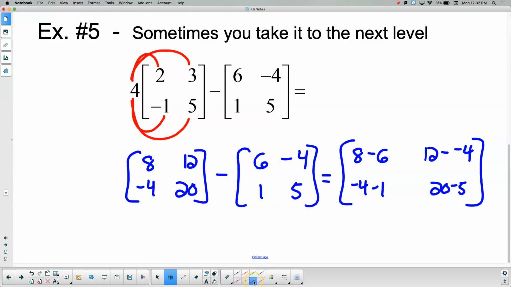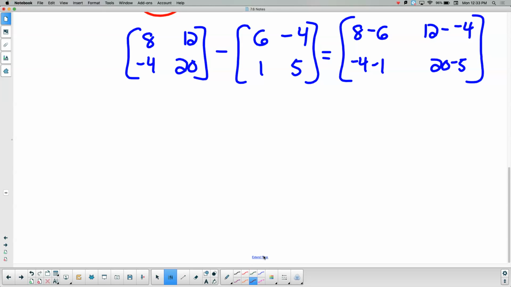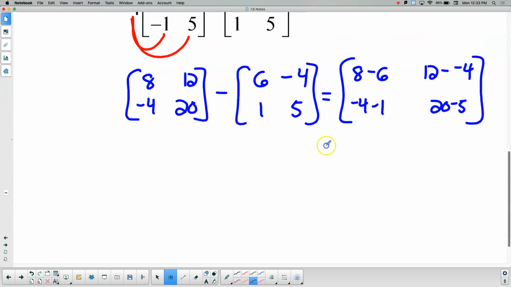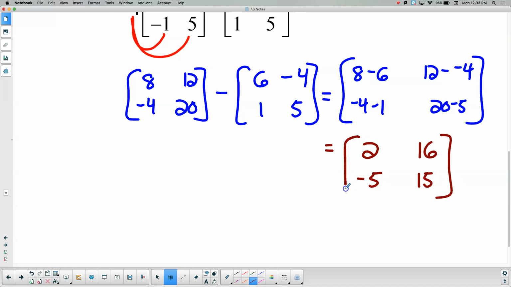And so that is going to give me, I gotta hit it there. That is going to give me 2, 16, negative 5, and 15. So the 2 by 2 matrix, 2, 16, negative 5, 15, is what I get.